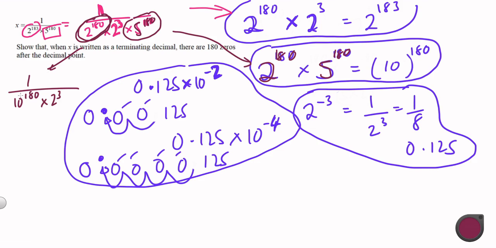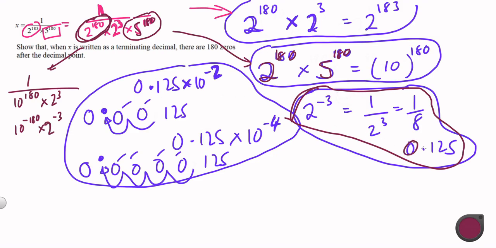Now all of this can be rewritten just as you've seen over here. When you've got 1 over 10 to the power of 180, that can be rewritten as 10 to the power of minus 180. And this 1 over 2 to the power of 3 can be written as 2 to the power of minus 3. All right. Now you know 2 to the power of minus 3 is 0.125. Let me write this down, 0.125.